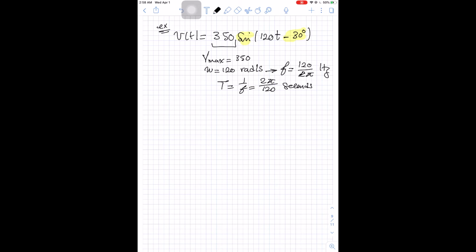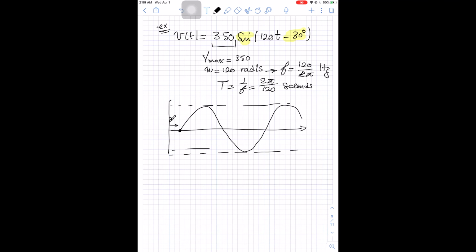So if we need to sketch this waveform for the voltage, here it's a sine wave, so it starts from 0 and it starts delayed by 30 degree, then it will go to peak, go to 0, then peak, and so on. And this will be the voltage.